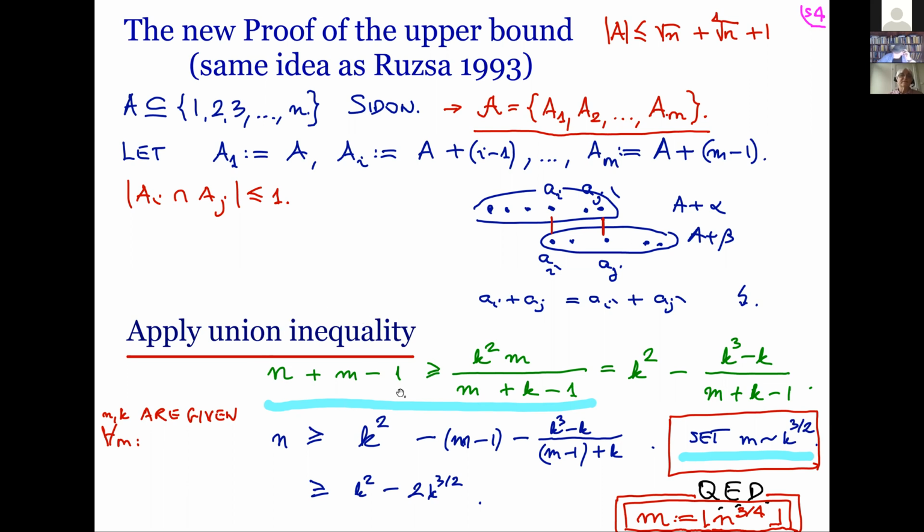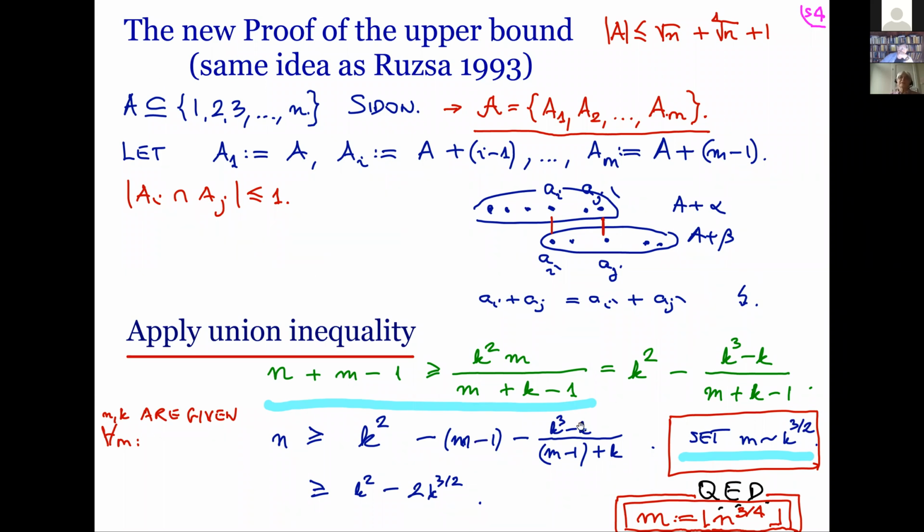And we got this n plus m minus 1 is at least, I mean, that's the size of the underlying set. Okay, so we have an n element set. There's a Sidon set in it. And we shift it m times, where m will be, as you see here, n to the 3/4. So the left-hand side is about n, slightly bigger, because we have m copies of the Sidon set.